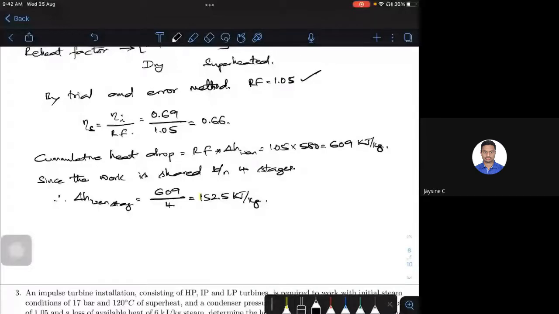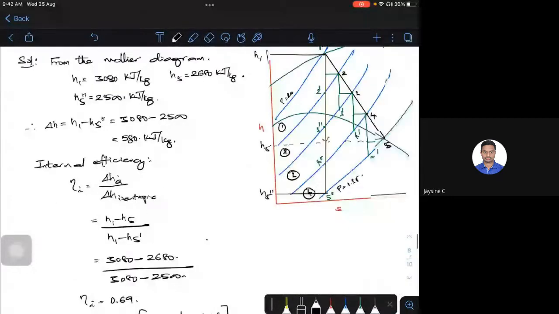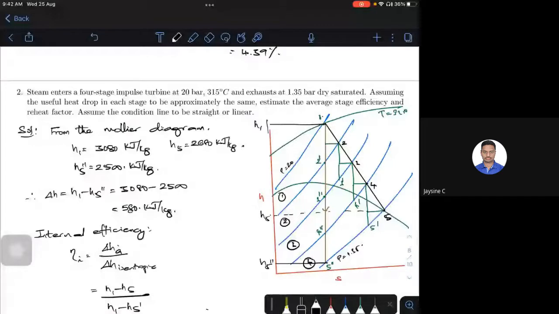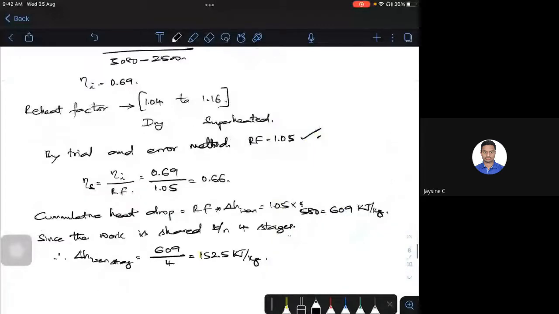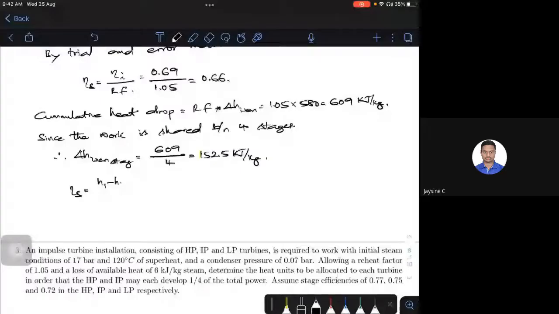So this is your isentropic drop, and that is your 1 to 2 dash. Now from the stage efficiency, which is equal to H1 minus H2 divided by H1 minus H2 dash.